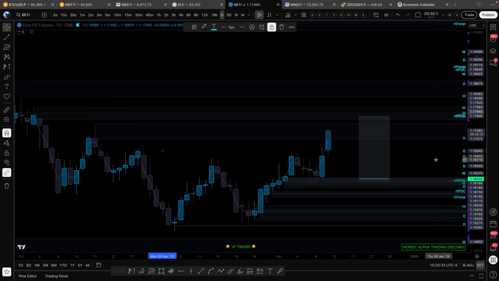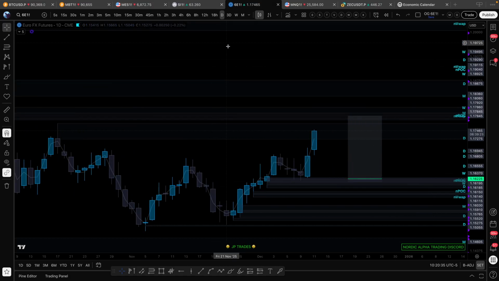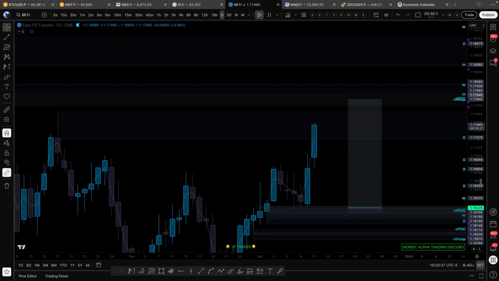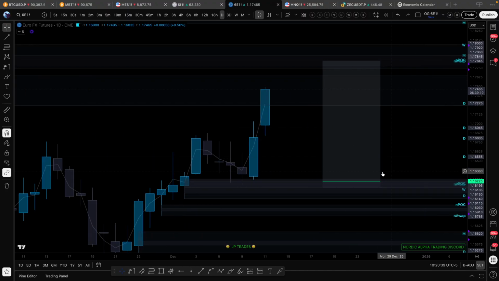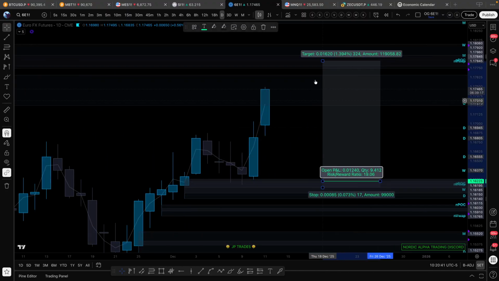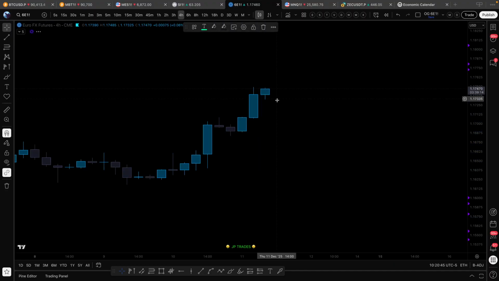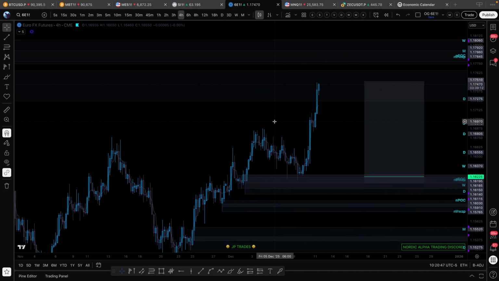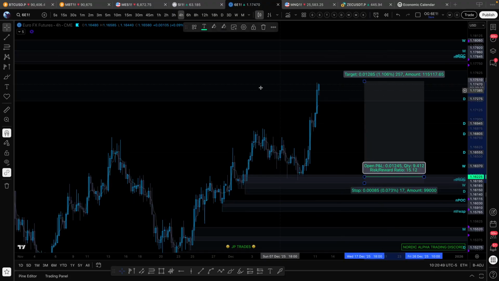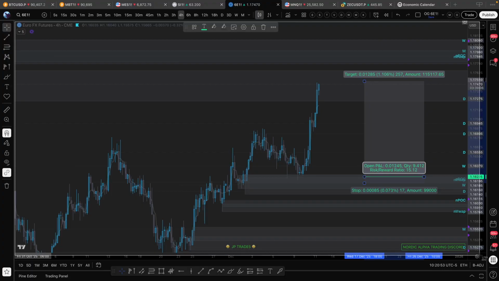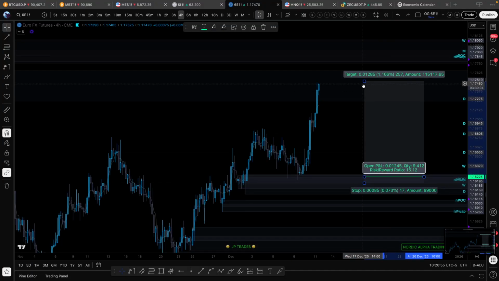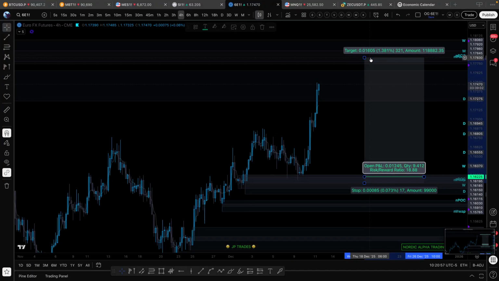Okay, so let's take a look at some of our new levels. First things first, I'm going to grab a screenshot here. Grab a couple of them.